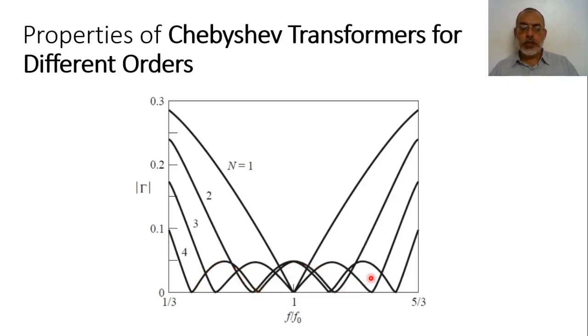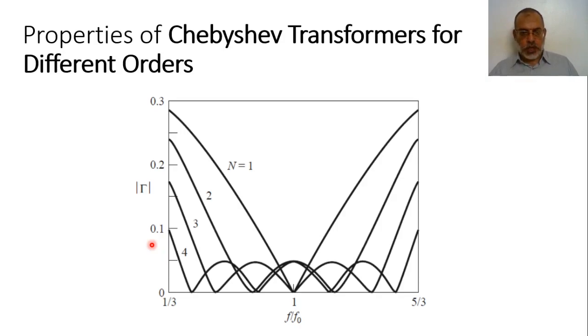It can be noted here, in the pass band, the reflection coefficient is not flat or is not zero, as in the case of the binomial transformer. It is not zero, it has some magnitude, but this magnitude has a maximum value. And the operating bandwidth in this case is increasing by increasing the number of sections. This actually is the same as in the case of the binomial transformer.